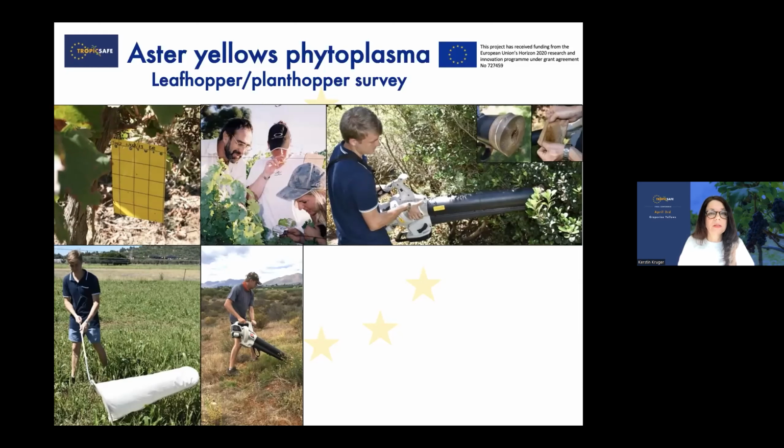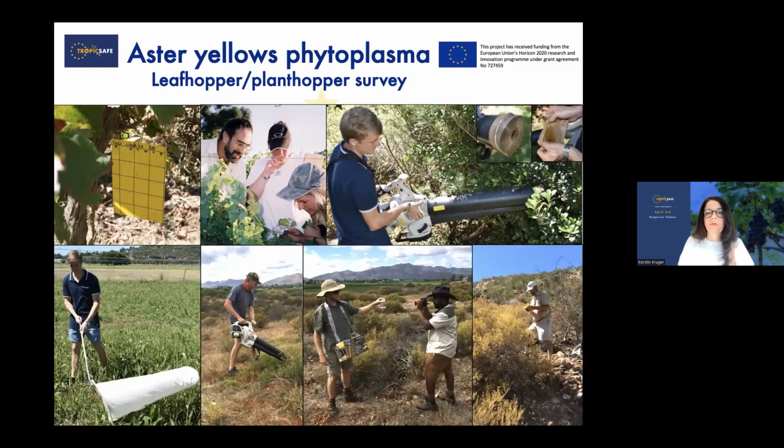The yellow sticky traps and the vacuum sampling were used for standardized sampling, a qualitative survey, which we did in order to also determine the abundance of the different vectors in the field. Then these were stored in ethanol, and at the same time we also sampled the plants to determine alternative host plants.